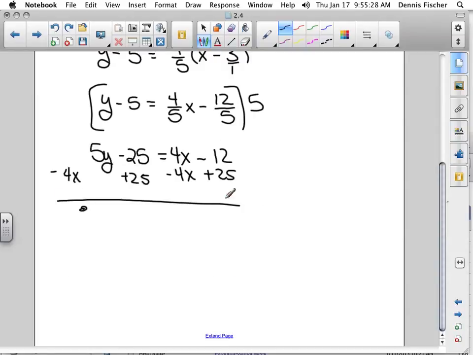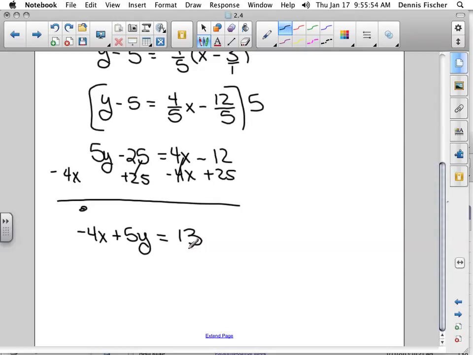So now if I do that, I'm going to get a negative 4x plus 5y equals, and now this side, that cancels off, I'm going to get 13. Now I'm in standard form, no fractions. X and y on one side, numbers on the other.